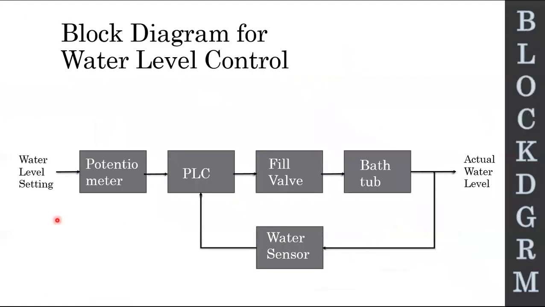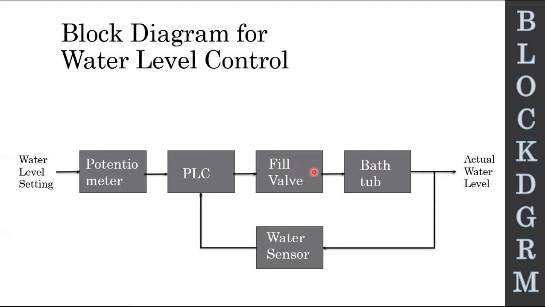So, this will be the block diagram. So, ito yung ating water level setting. Of course, we need a potentiometer for that kasi mechanical action yun, yung pag-rotate. So, from mechanical to electrical, and then we have the PLC, and the PLC will command the fill valve. Okay, na-activated na through the relay. Hindi na natin in-include dito yung relay. Understood na yun. Okay?